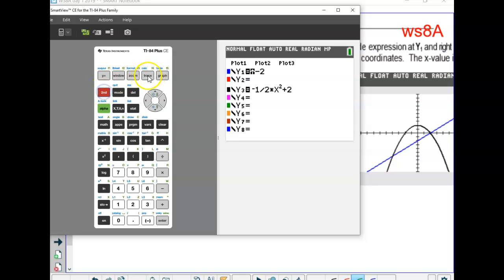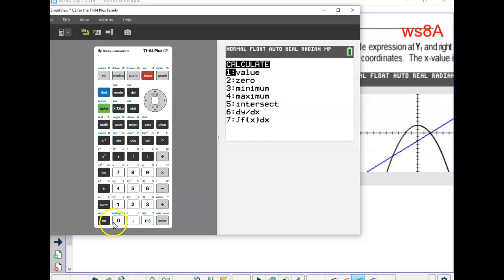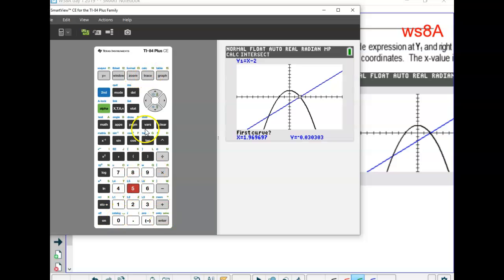So I'm going to go to intersect, choice 5. I'm just going to go enter, enter, enter the first time, and I get 2, 0. Then I'm going to go second trace, intersect again. But this time I'm going to scroll over here closer to this one. Go enter, enter, enter.